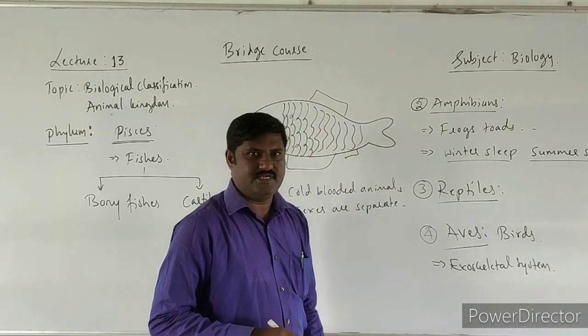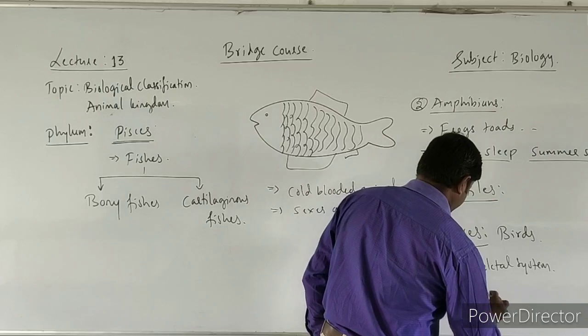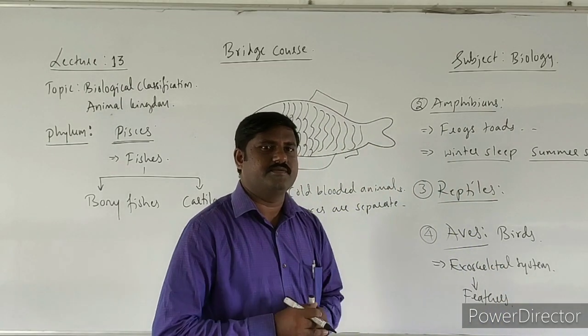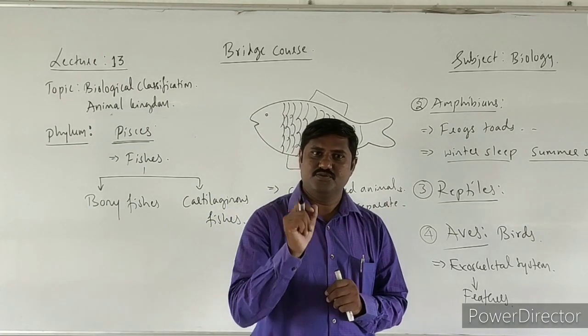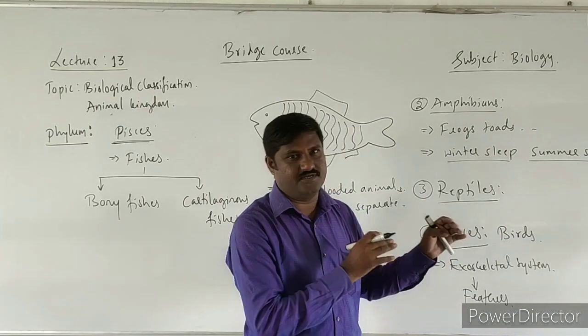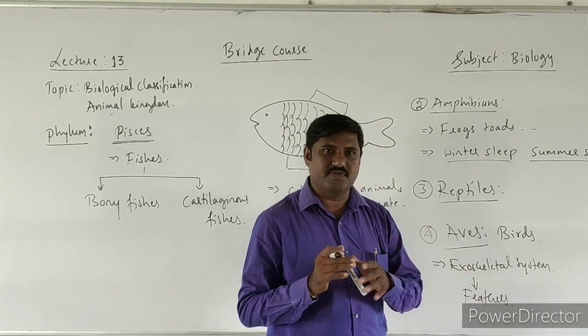The exoskeletal system is made up of feathers. Feathers protect the body. They help in regulation of body temperature, and they are useful for sexual attraction in these birds, right? So these are the uses of feathers to birds.